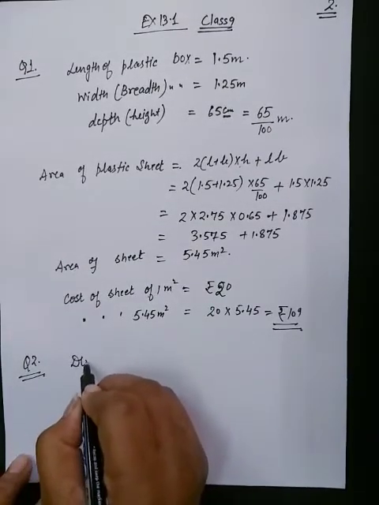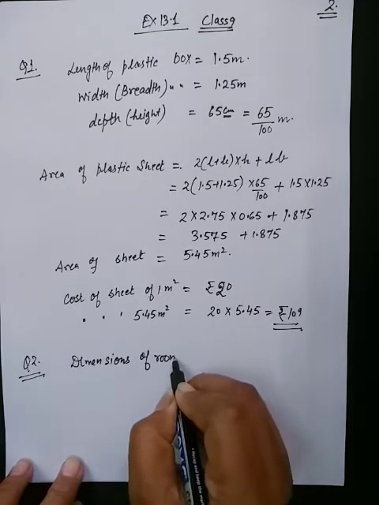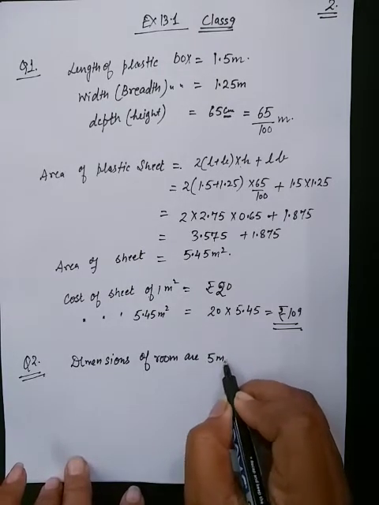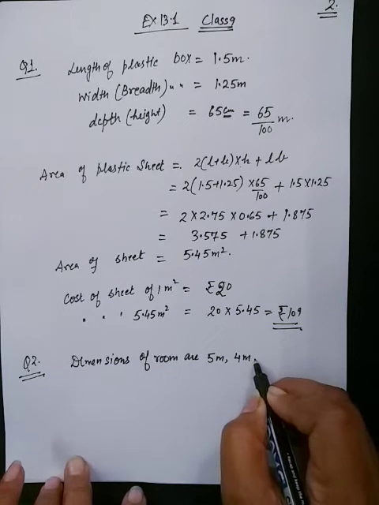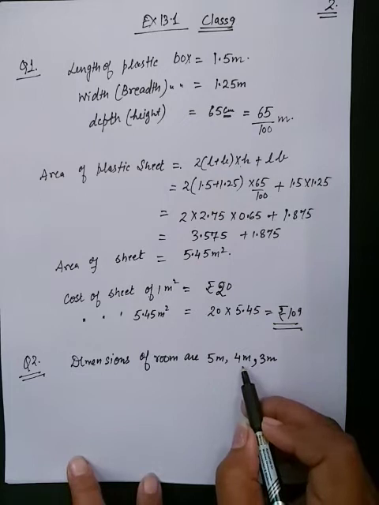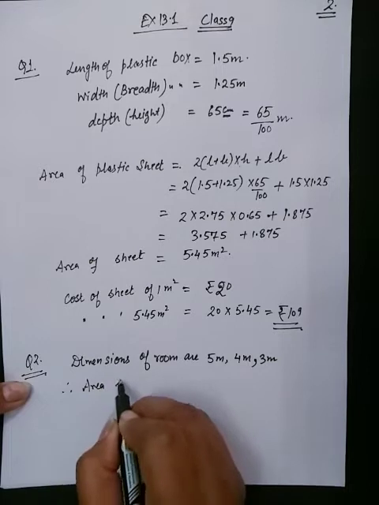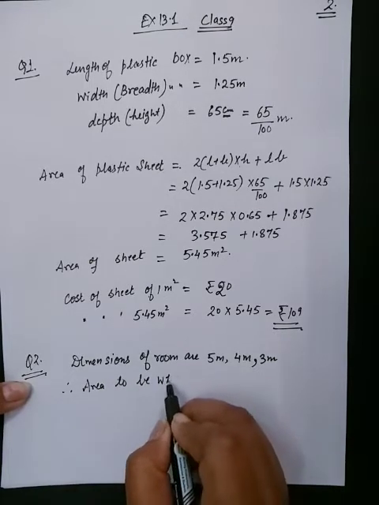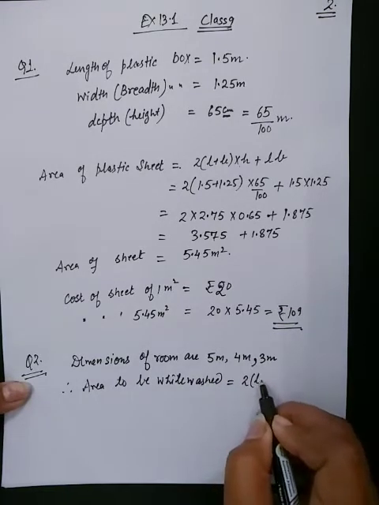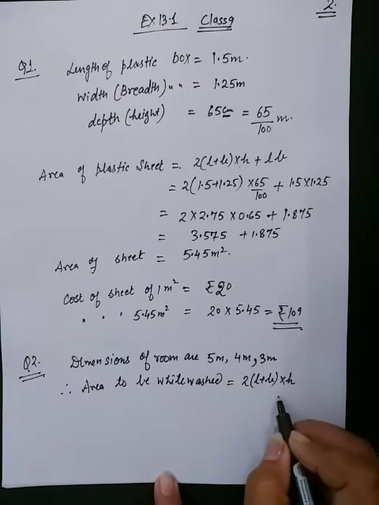Here dimensions of room are, dimensions of room meaning length, breadth and height, and dimensions are 5 meter, 4 meter, 3 meter. It means first dimension is length, second is breadth and third one is height. So therefore area to be whitewashed, 2 into (L plus B) multiply by H. This is the formula for the area of 4 walls.